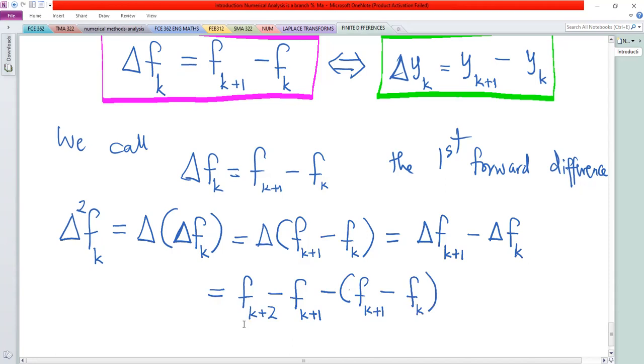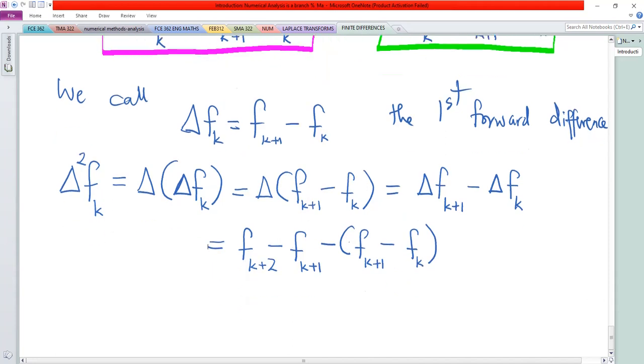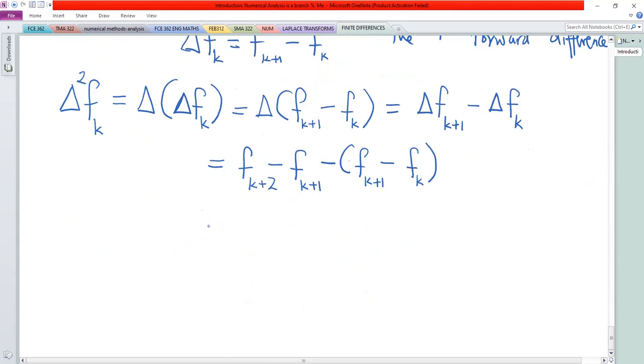So when you open the brackets at this point, we get fk plus 2 minus fk plus 1 minus fk plus 1. Now minus minus is plus fk.